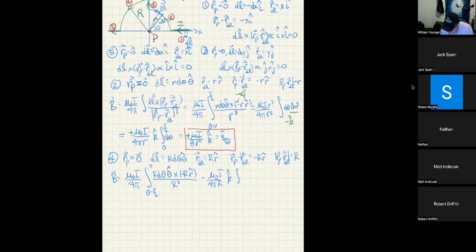And it's going to be the integral of d theta from pi over 2 to pi. And that becomes pi minus pi over 2, which is in fact pi over 2. So I get yet another contribution of mu 0 I over 8, but a different R and k hat.